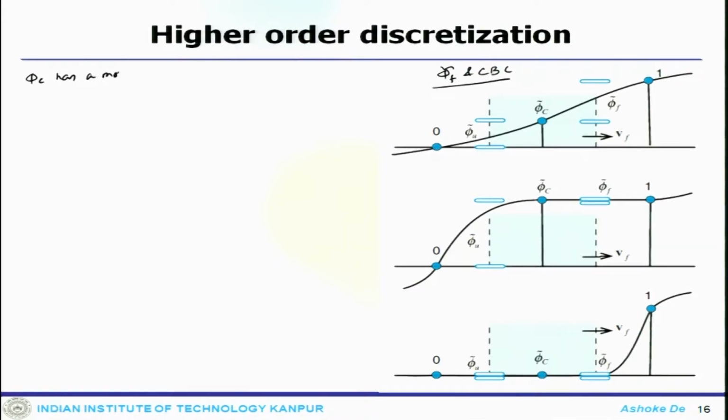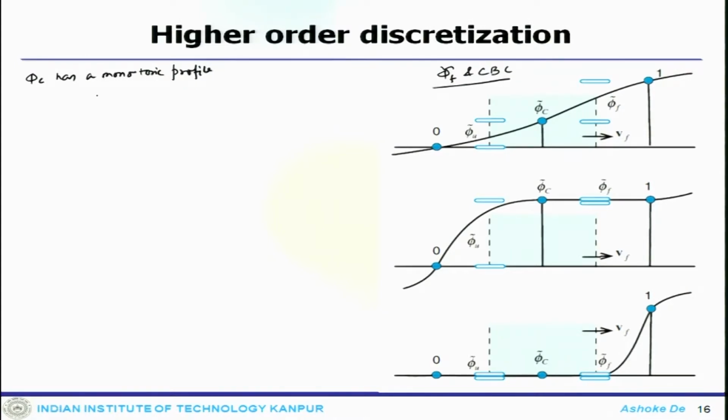Now, if phi c has a monotonic profile, the interpolation profile at the cell surface should not yield any new extremum. Thus it is constrained by the phi values at the nodes of the connecting faces. As the value of phi c gets closer to phi d, still within the monotonic regime, phi f will also tend towards phi d.